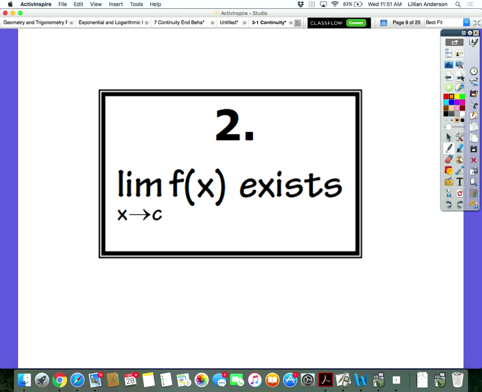This basically says that as your x's get closer to a particular value, and I mean not just coming from the left-hand side, but coming from the right-hand side, the limit exists. In other words, it's approaching the same number.